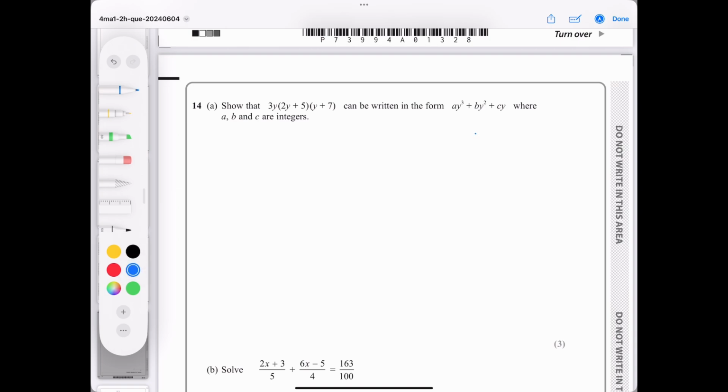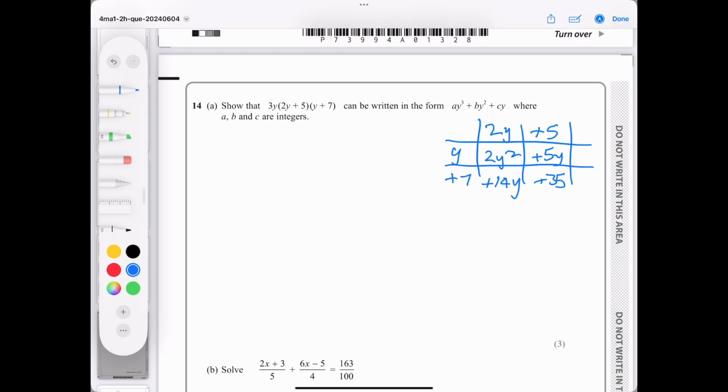Anyway, show that 3y times (2y plus 5) times (y plus 7) can be written like that. So let's start off by expanding the brackets. So that's 2y plus 5, and that's y plus 7. And that's 2y squared plus 5y plus 14y plus 35. So let's write that out. We get 2y squared plus 5y plus 14y plus 35. And now let's combine those, the 5y plus 14y.